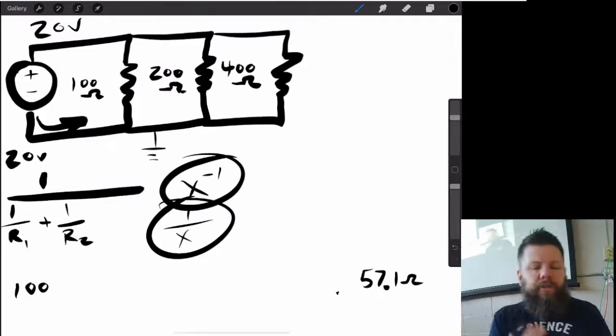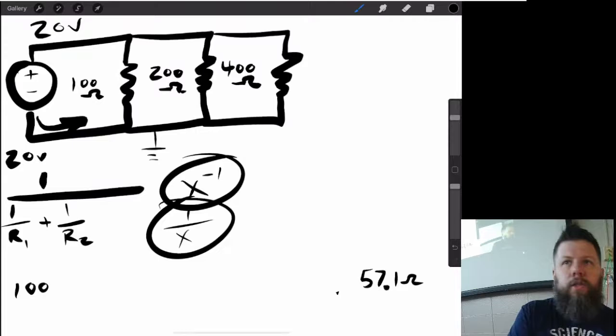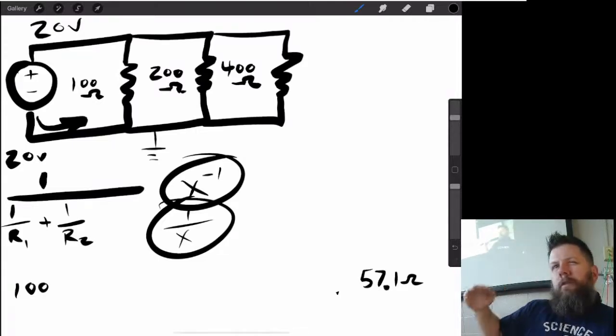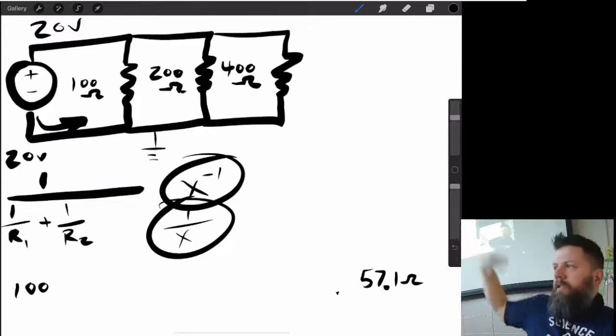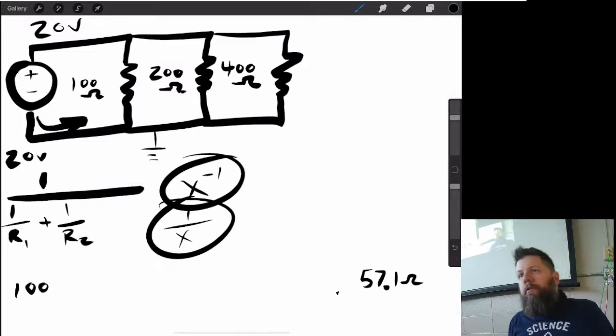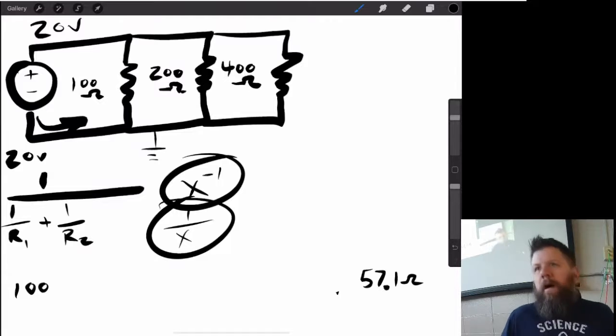When you're dividing, have you ever divided and thought, that's not right, I should have divided that number by the other number instead of the other way around? Push that inverse button and it's going to give you the right answer. Cool. So that's one of the most powerful buttons on that calculator.